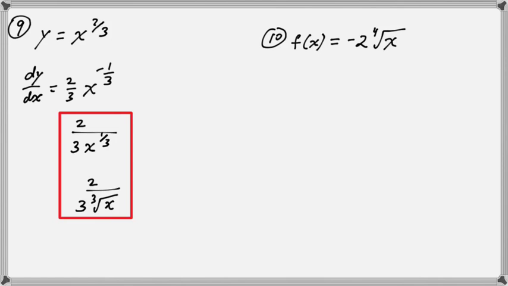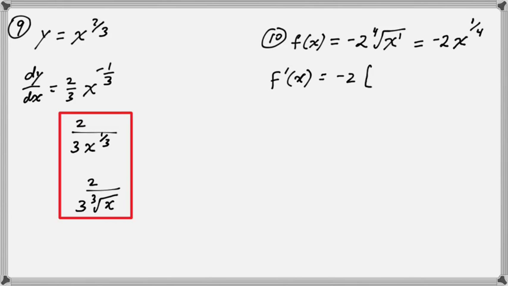Number 10. You're going to find the derivative, keep the negative 2 out. Actually, I'd have to rewrite it. Negative 2x to what power? Power over root. The power is 1, the root is 4.